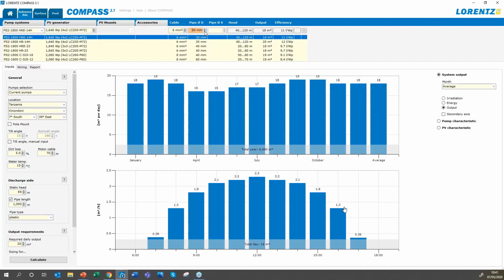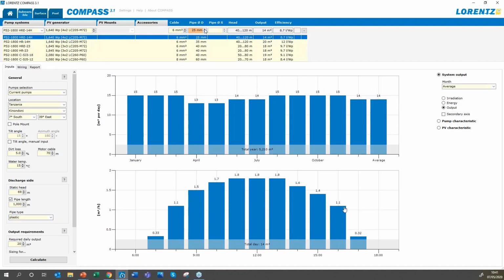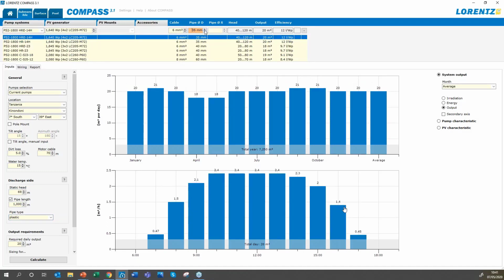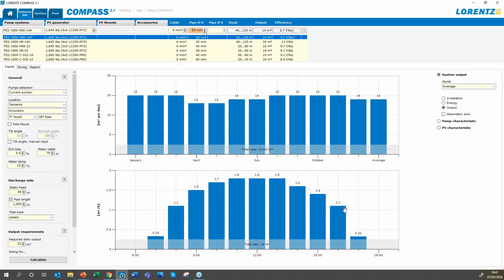If I make the pipe smaller, you can see all of this works dynamically. So if you decided actually 35 meter pipeline is really expensive, let's put a 30 or even a 1 inch, 25 millimeter pipeline in, you could see the effect that that would have on the system. So you can really use this to play around.